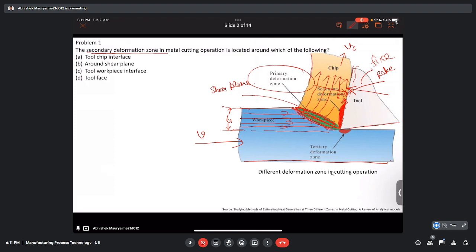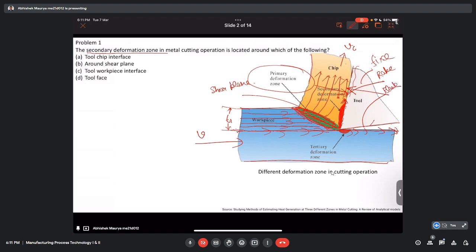Ideally, whatever material comes here should not get disturbed and should keep on moving without any disturbance. But in reality, some portion of material also interacts with the flank. This is the flank of the tool.